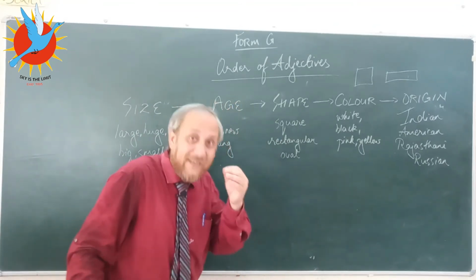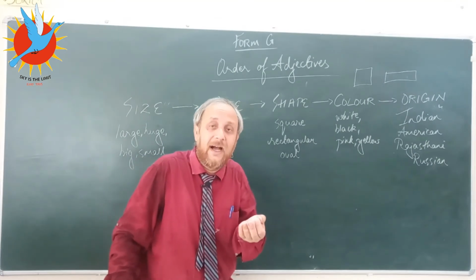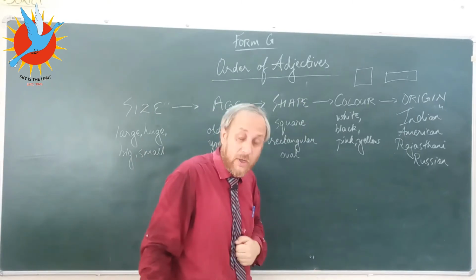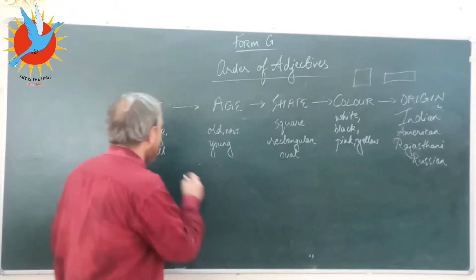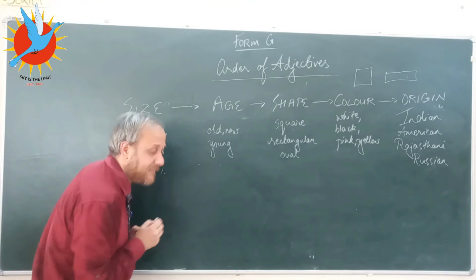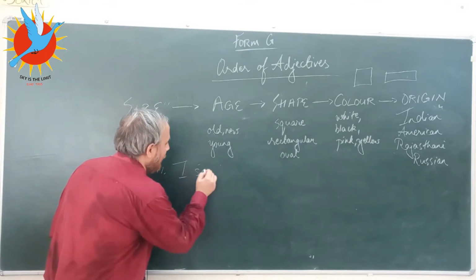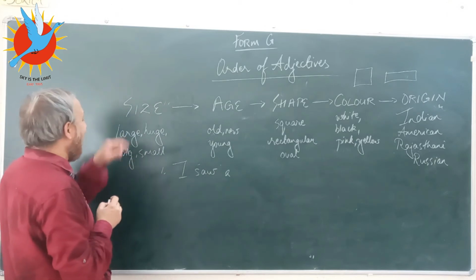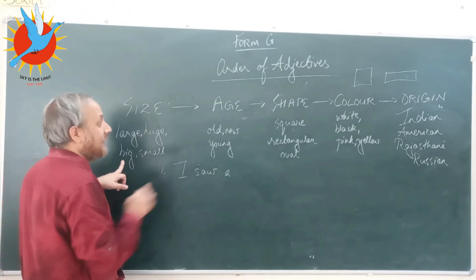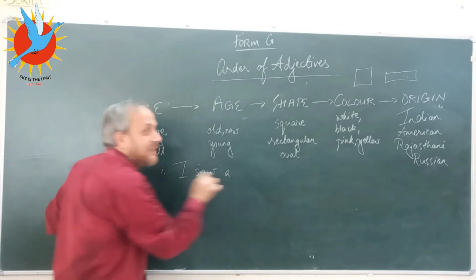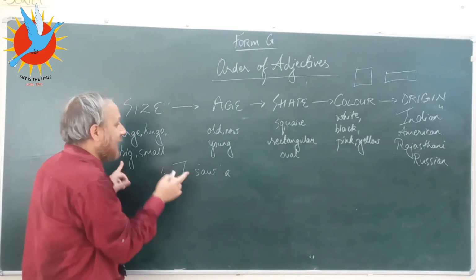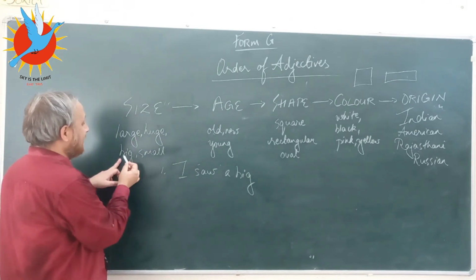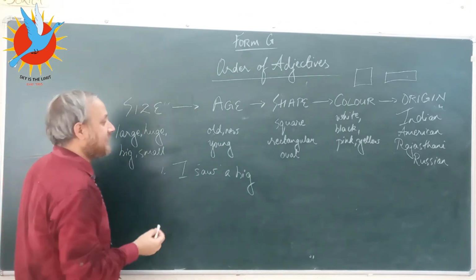Okay, and we have to make sentences in such a way wherein we follow this particular order, kids. Okay, fine. So let's say first sentence, I saw a, let's take the adjective of size, big. These are all descriptive adjectives, remember that. Okay, I saw a big, so I have taken an adjective of size.